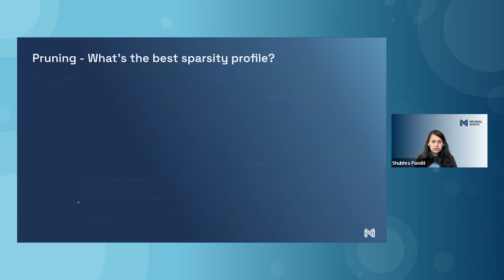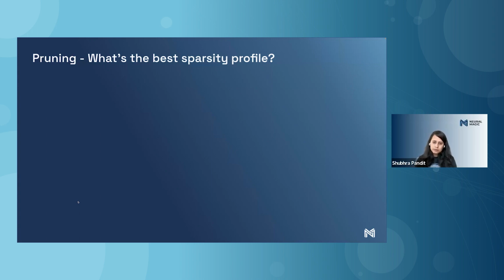Like I mentioned previously, we compared different sparsity profiles in order to find the best one. And that is important to do in the case of detection models, because typically detection models are harder to prune and can be tricky to get a good trade-off between performance and accuracy.